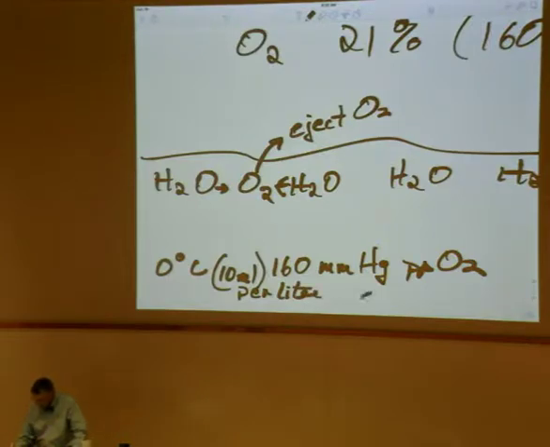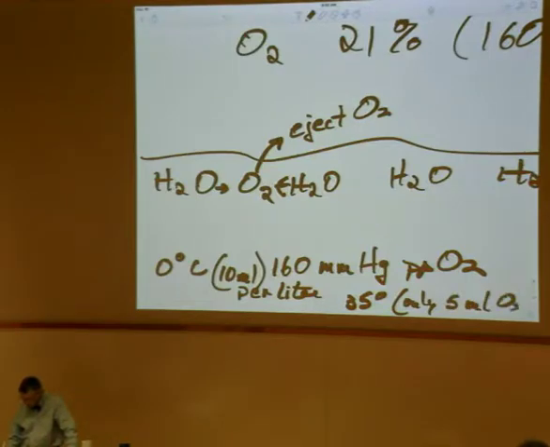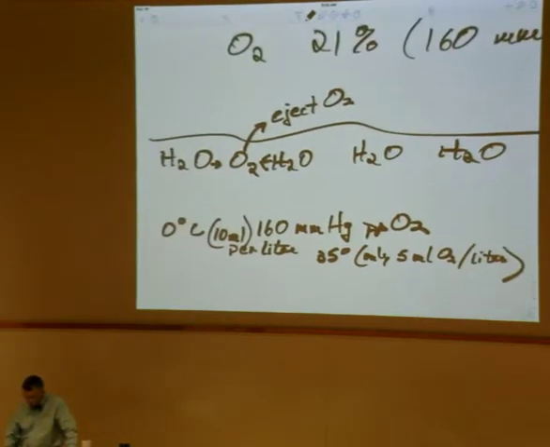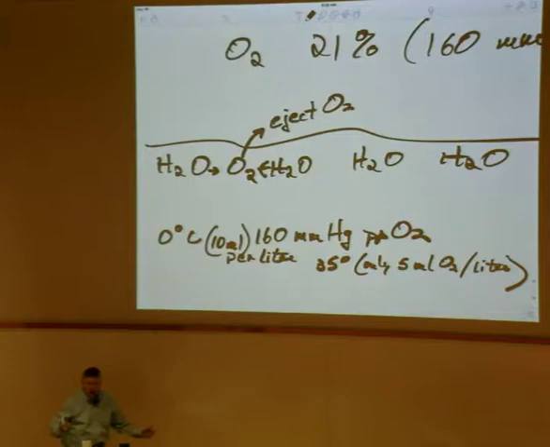Okay, at about 35 degrees centigrade, or 37, around your body temperature, only 5 mils O2 per liter. And that's because oxygen just does not interact well with water.